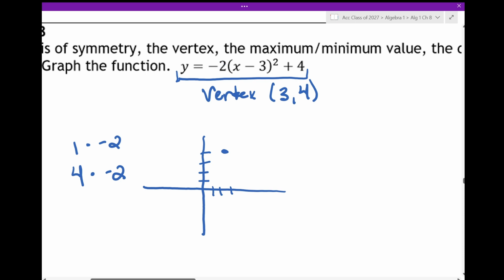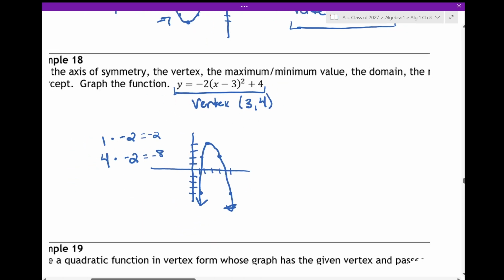So that gives us -2 and -8. So down 2 and then left and right 1 puts me right there and there. And then down 8, well, I was at +4, so I'm going to be at -4, right there and right there. And there we go. There's my parabola.